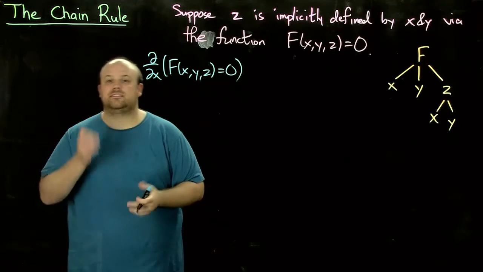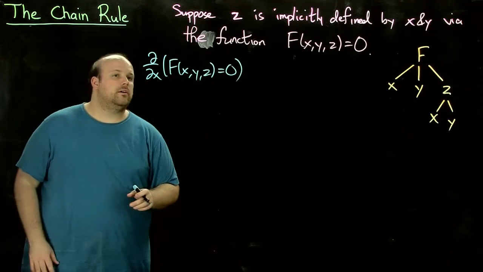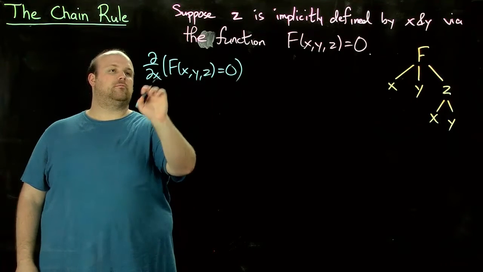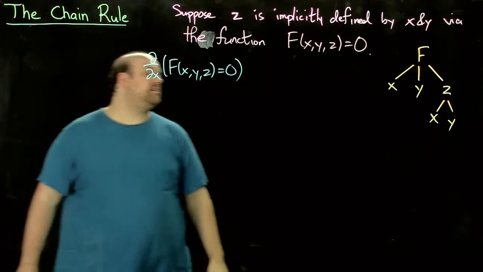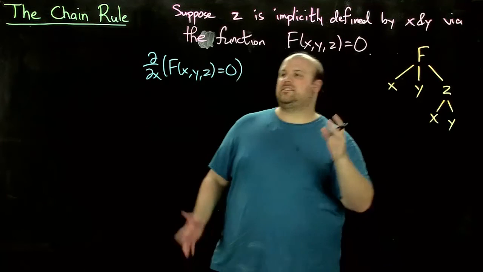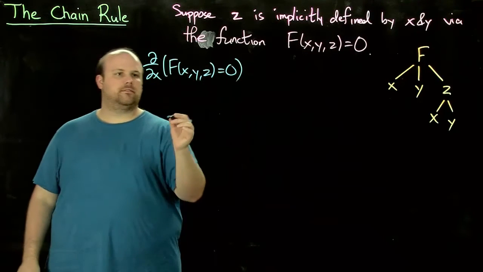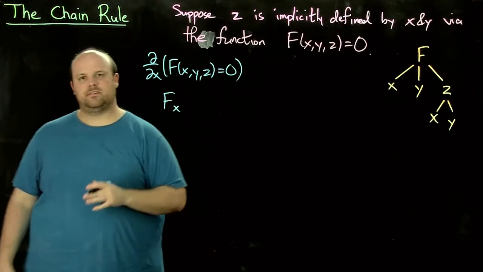This is essentially exactly what we did last time. We're finding df dx. And the chain rule tells us the first thing is df dx, and this time I'll just write this as f sub x.